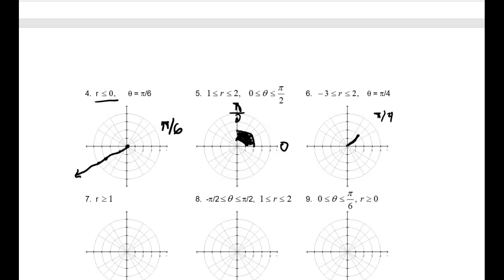But we would also want every r up to a negative 3, so negative 1, negative 2, negative 3, all the r's in between, so that if we're looking at pi over 4, we ultimately end up with a line segment looking at pi over 4, going 2 steps in the positive direction, as well as every step in between, going 3 steps in the negative or opposite direction, as well as every step in between, so that we end up with a line segment.